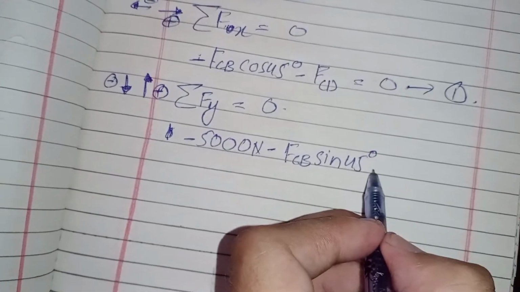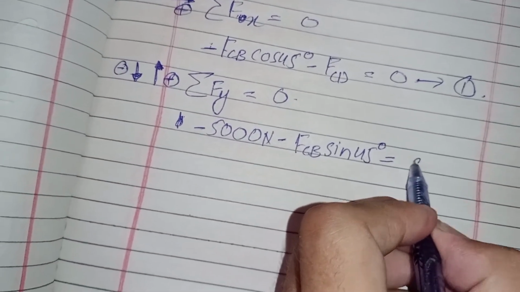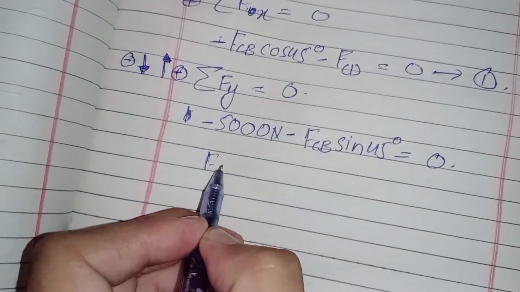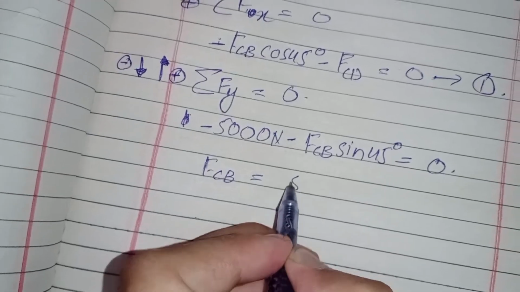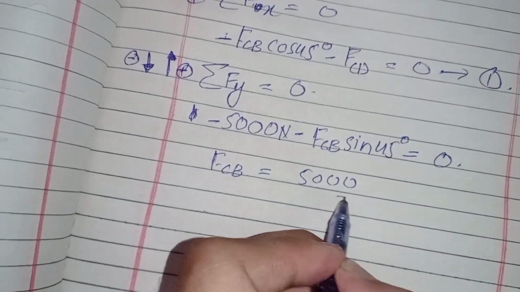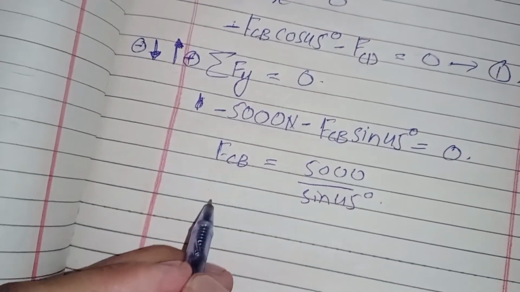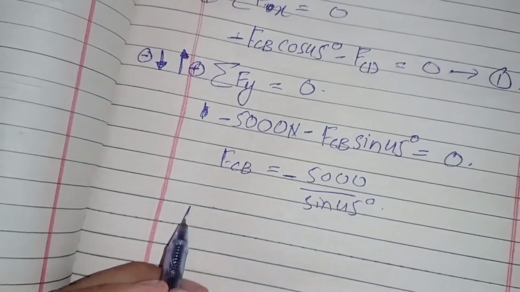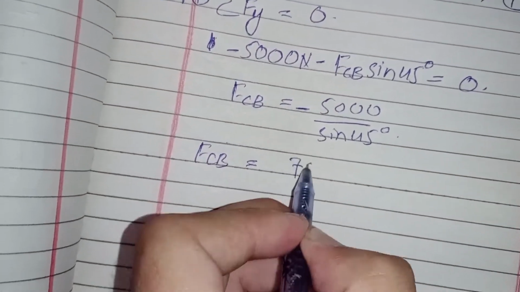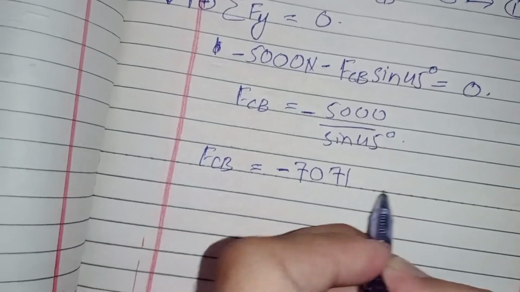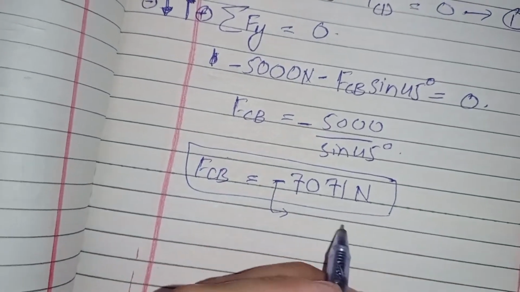Okay, and there is no other vertical force, so it is equal to 0. FCB will equal 5000 divided by sine 45. When you calculate it, it will be negative. FCB will equal negative 7071 Newton, and the negative sign shows that our assumption was wrong.